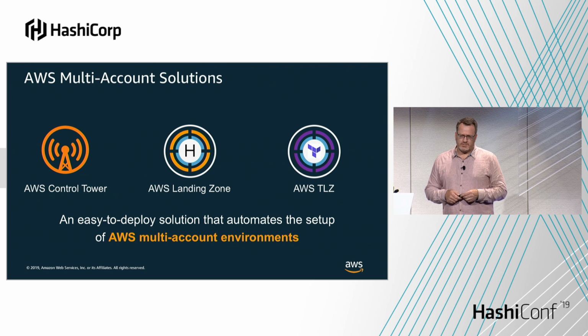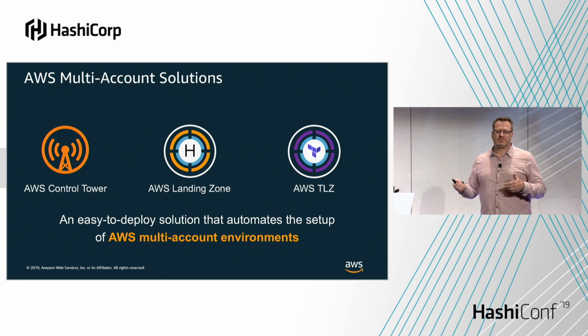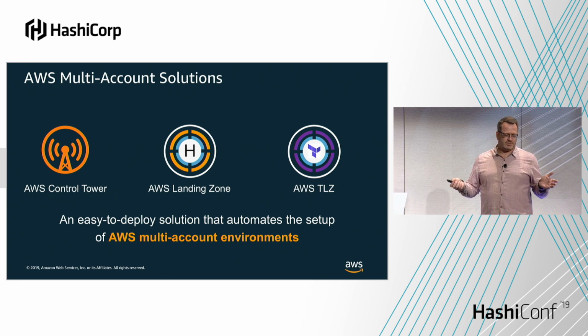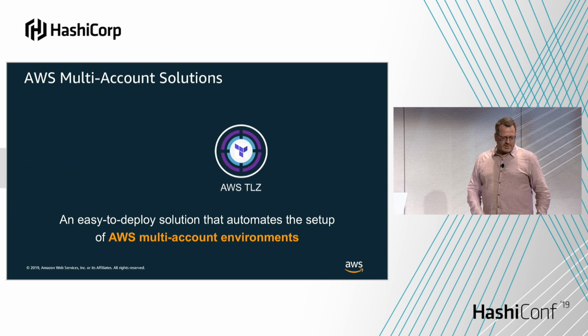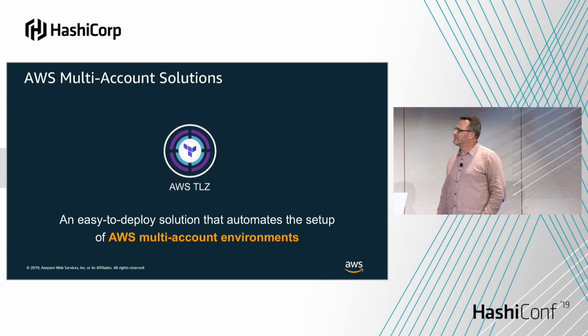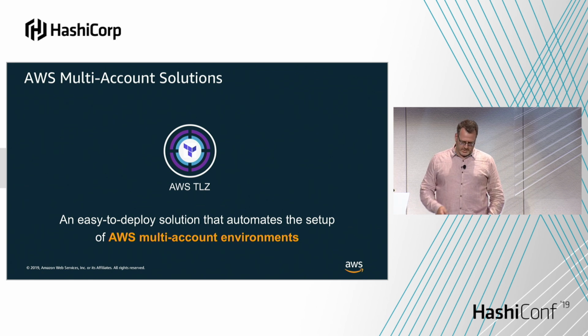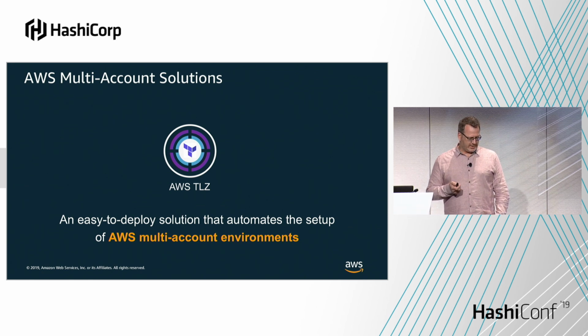And if you look at it though, they're all heading to the same destination. All these things here, whichever one you pick, it's an easy deploy solution to set up multi-account environments. But this one here, we're going to focus on AWS TLZ. We're going to talk about what this one is, and this is a preview. I'll reiterate that again. So feedback, any input, greatly appreciated.